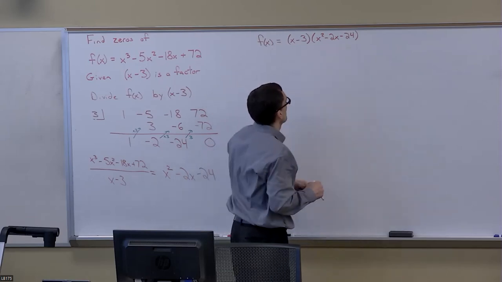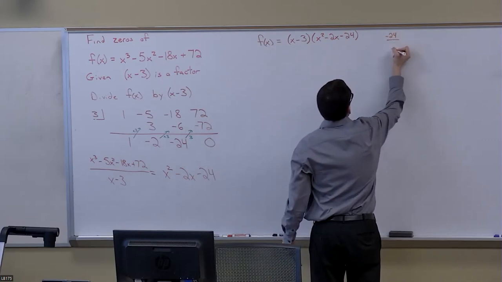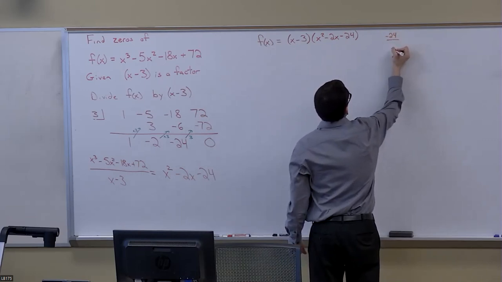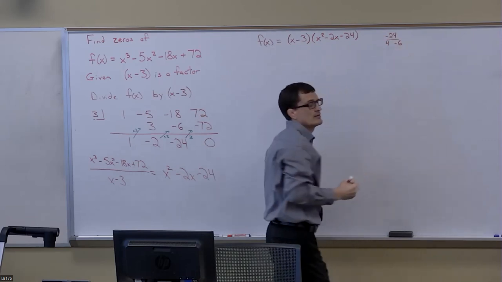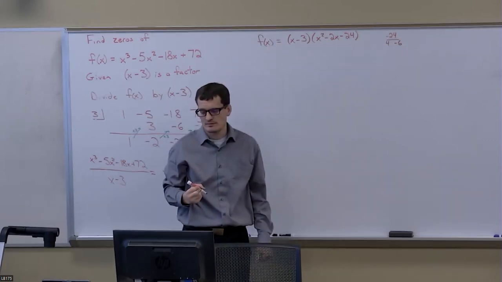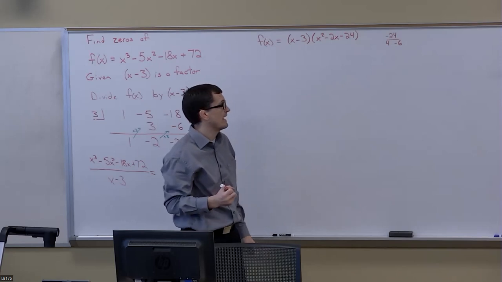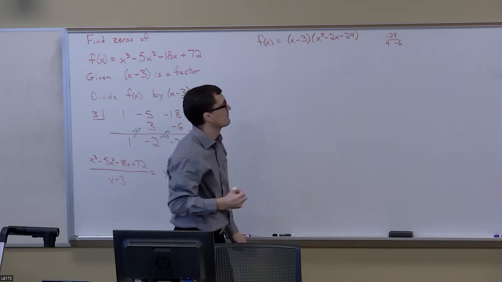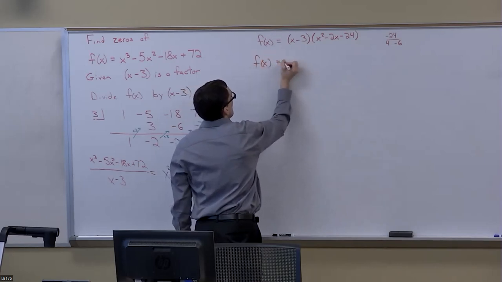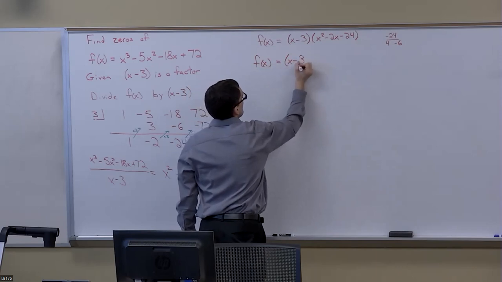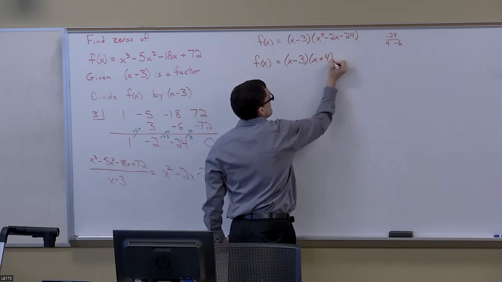This particular quadratic can be factored over the integers, I believe. If I do a 4 and a negative 6, those things multiply to give me negative 24 and add to give me negative 2. So my function can be factored into 3 linear pieces.